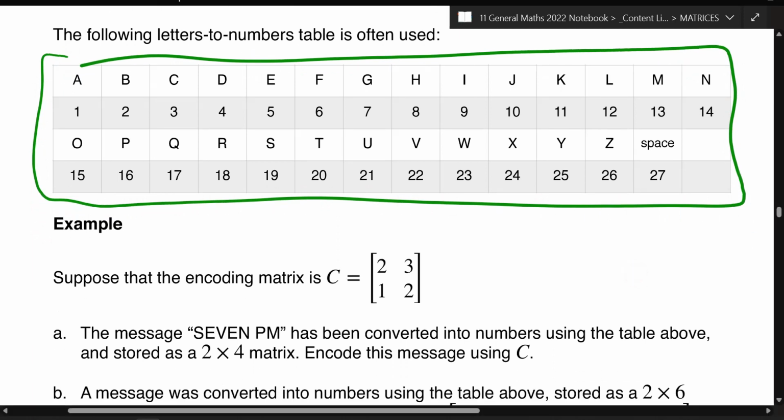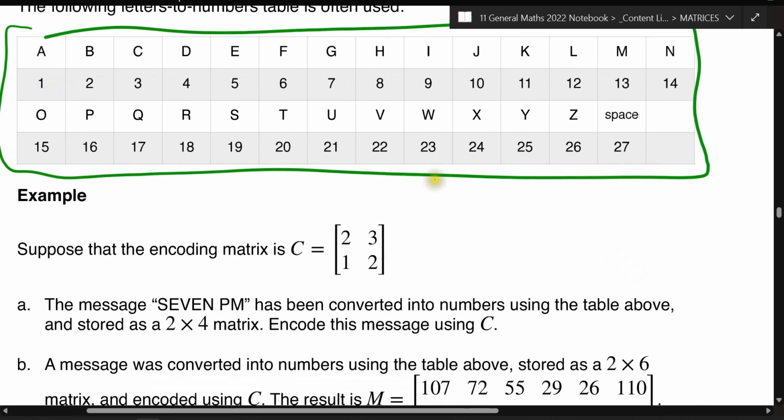All right, so for example, A represents 1, B represents 2, C represents 3. So if I wanted to, I could write my name in a 2 by 3 matrix, right? For example, my name is Conrad, so I'm going to use C, which is 3, O, which is 15, N, which is 14, R, which is 18, A, which is 1, and then D for 4.